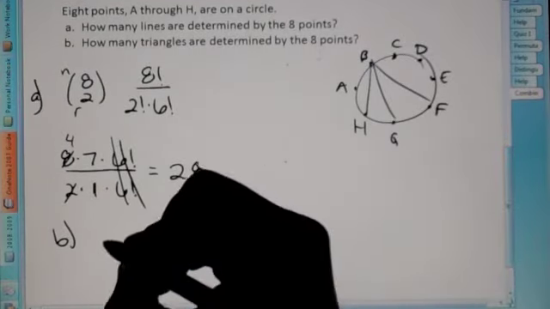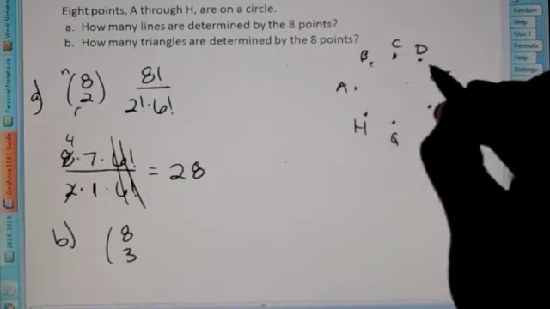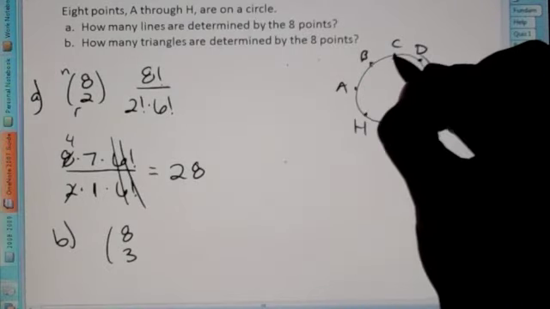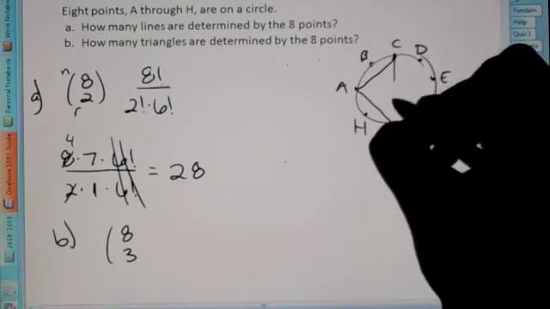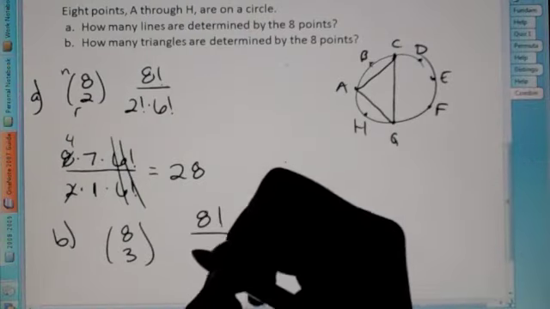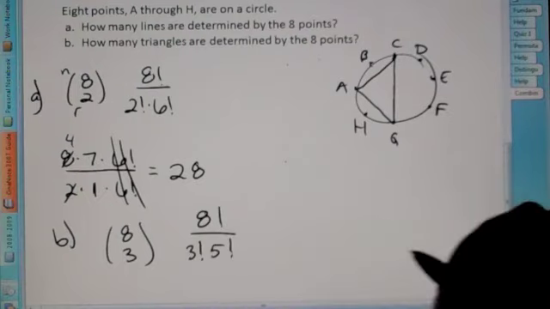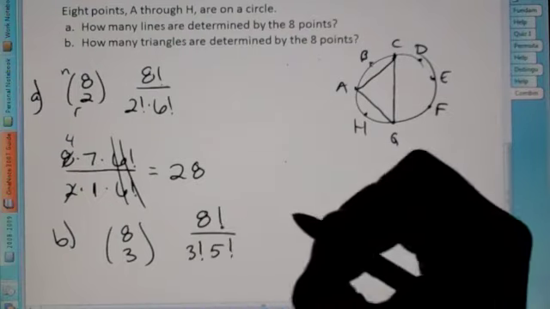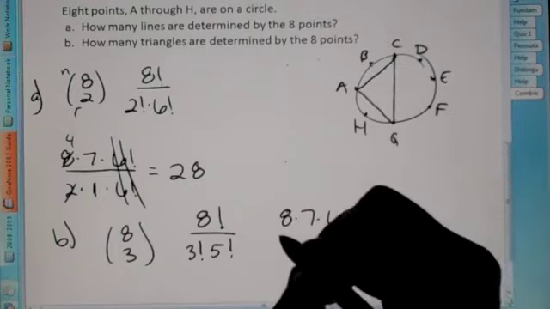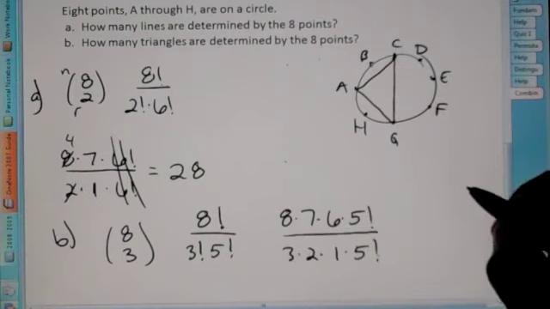Part B says how many triangles are determined by 8 points. How many points create a triangle? That'd be 3. You need 3 points to create a triangle. So that's going to be 8 factorial over 3 factorial times 8 minus 3, which is 5 factorial. Written out, this would be 8 times 7 times 6 times 5 factorial over 3 times 2 times 1 times 5 factorial.